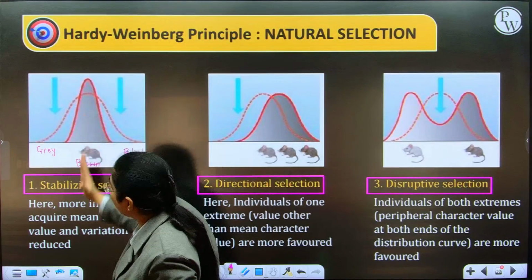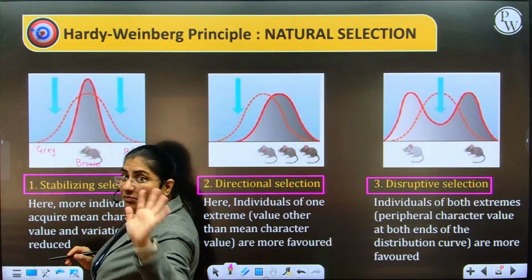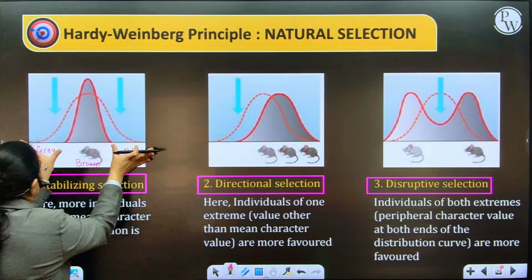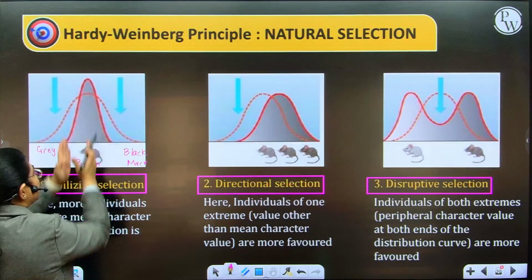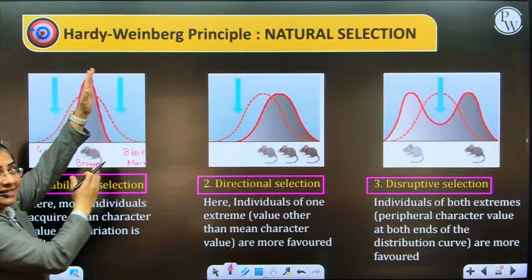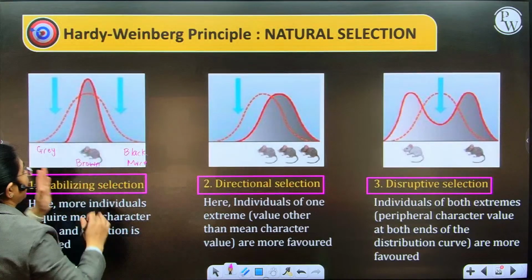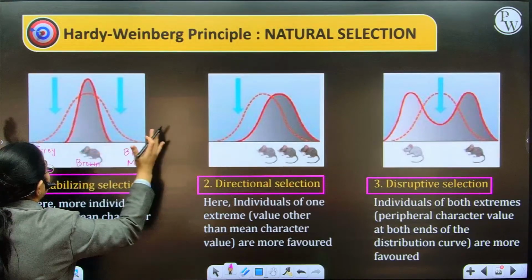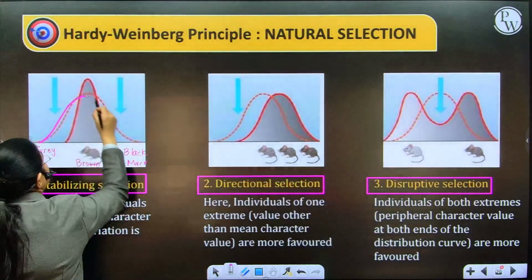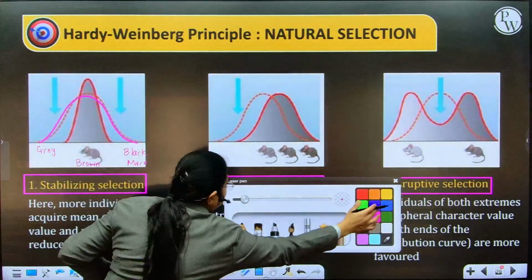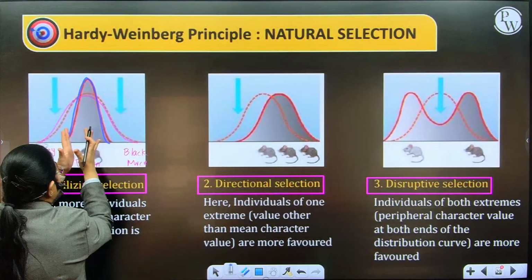If the mean or the average value is selected, as I told you, no variant is completely wiped off. The number of grey mice and black mice reduce, whereas the number of brown mice increase, because this is the mean character selected by nature. So the peak which was like this has now become narrower and taller.